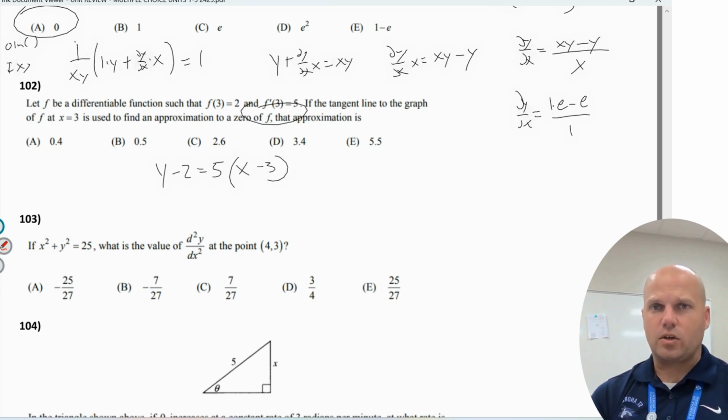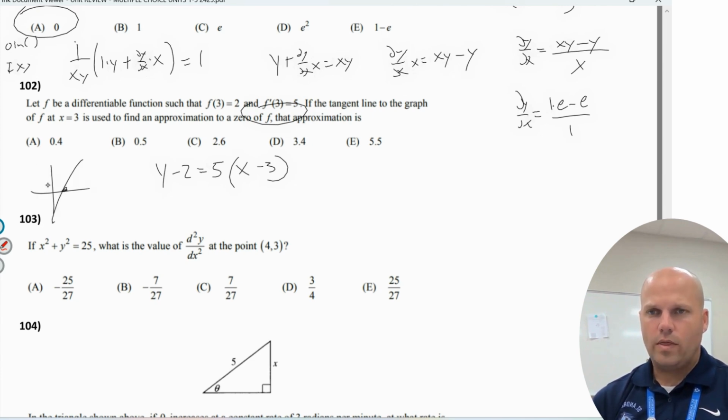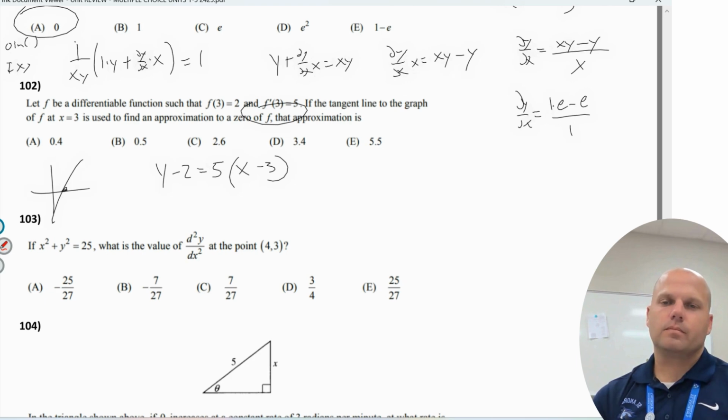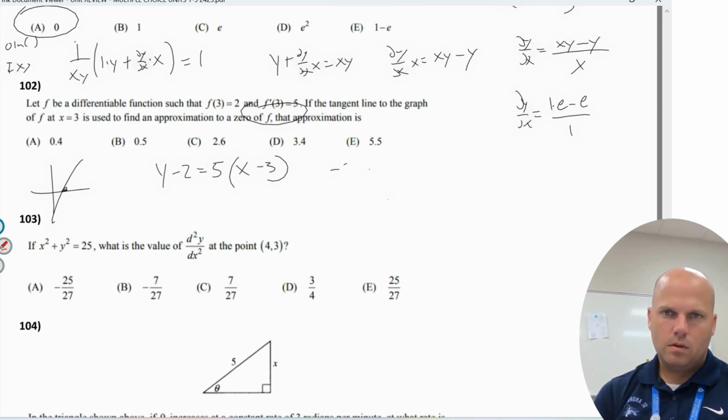If you're approximating a location of a 0, you are approximating an x coordinate when the y is 0. So this is when you plug in 0. And you'd get -2 equals 5x.